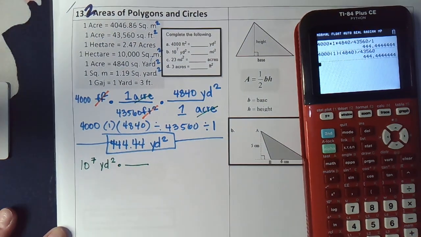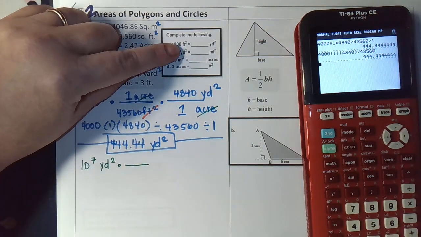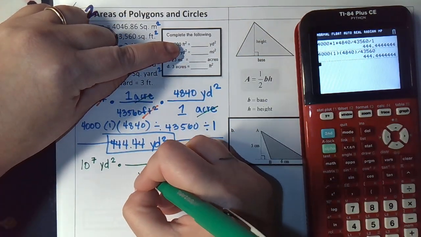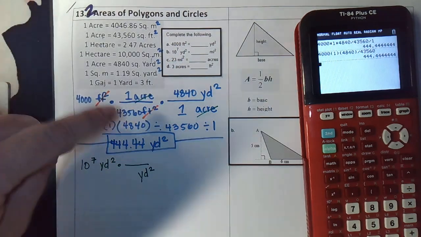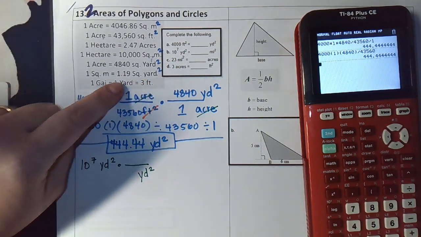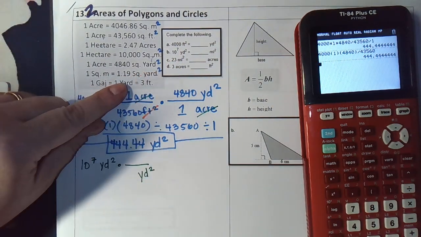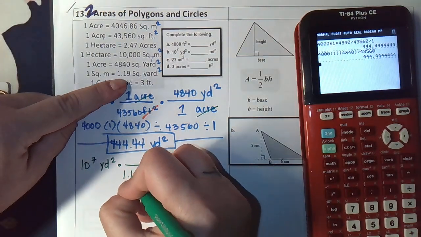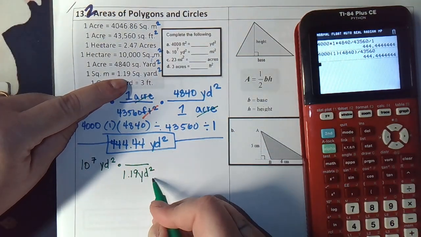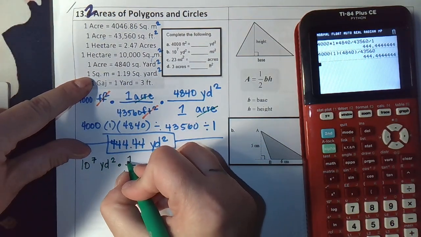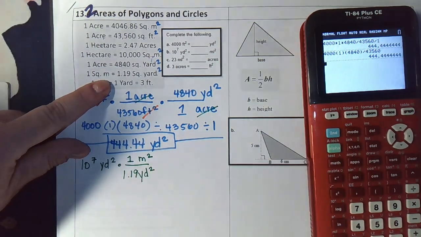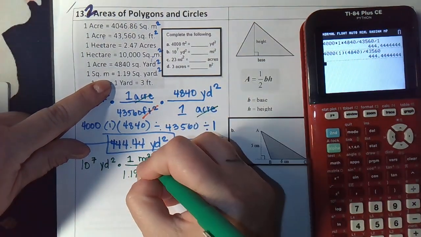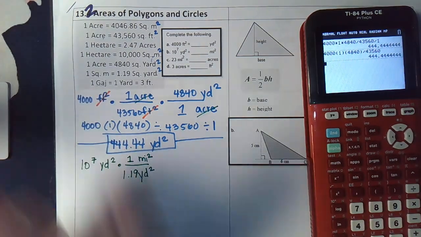And when I multiply it by a fraction, that yard squared wants to disappear. So I'm going to put it on the bottom. And we said that 1.19 yard squared is 1 square mile, or miles squared.